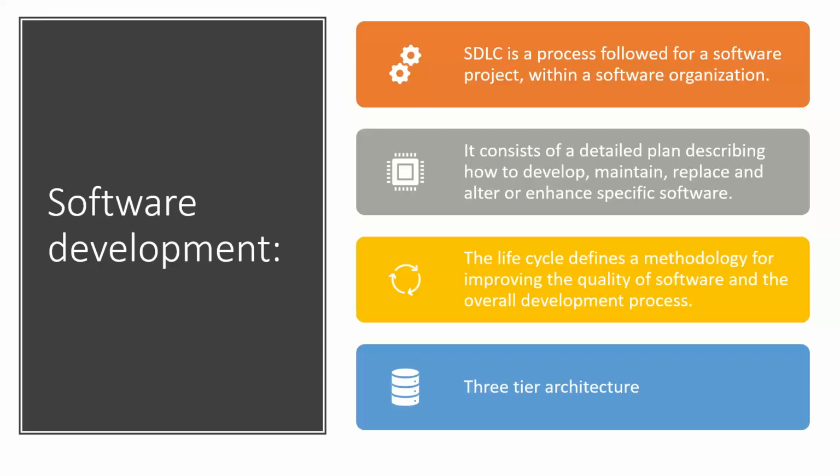So what is the software development process? Take any industry, like a car manufacturing company, an airplane manufacturing company, or any software organization. In any industry, one should follow a certain development process to develop their product, any product which goes to the customer.